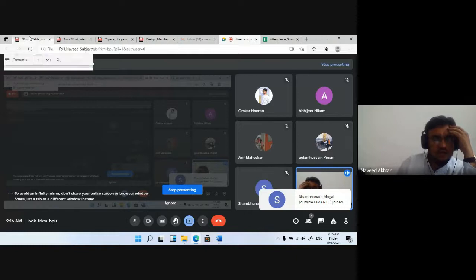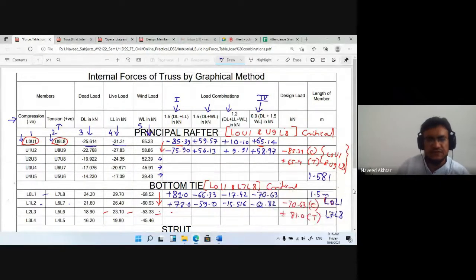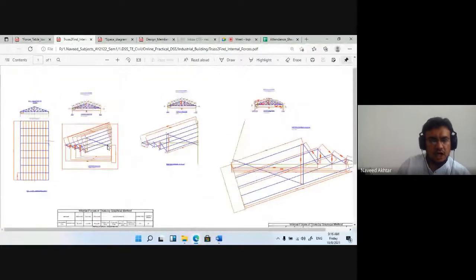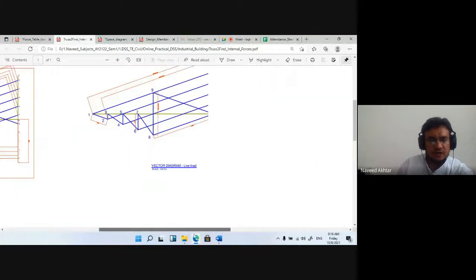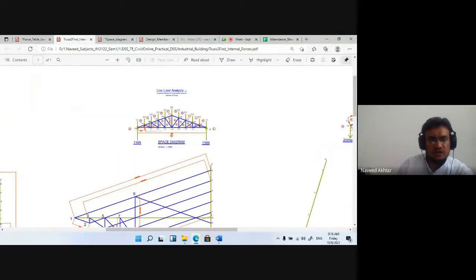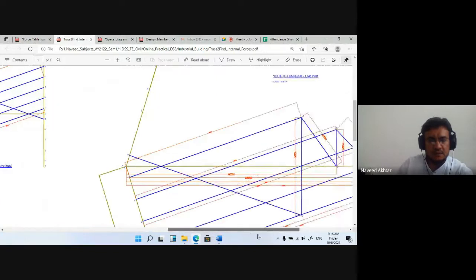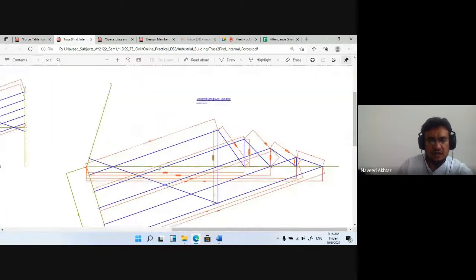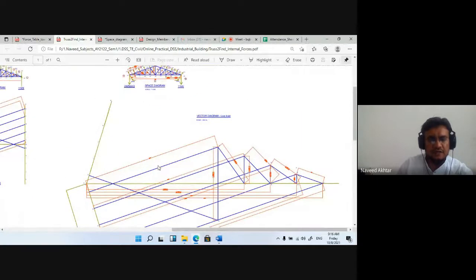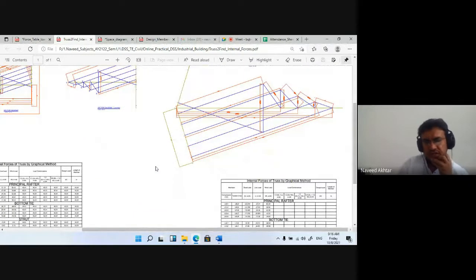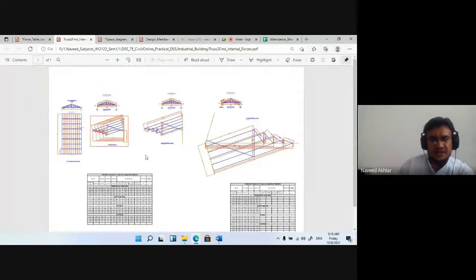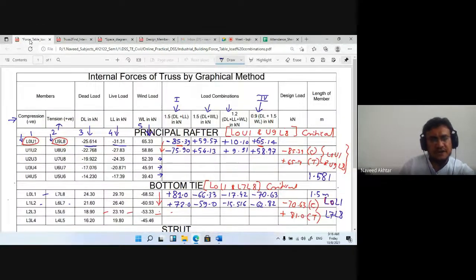This force table was already constructed in the previous practical sessions. We showed how to find the internal forces due to dead load using the space and vector diagram, how to find the internal forces due to live load using the space and vector diagram of the truss, and how to find the internal forces of the truss due to wind load by the graphical method using Bow's notation. So we have completed the analysis, and the internal forces are written in columns number 3, 4, and 5.